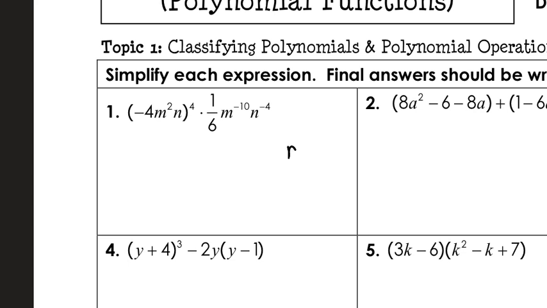If you had something like m to the negative 10th power, this means the same thing as 1 over m to the positive 10th power. Okay, so that's a rule that we had to remember about negative exponents.